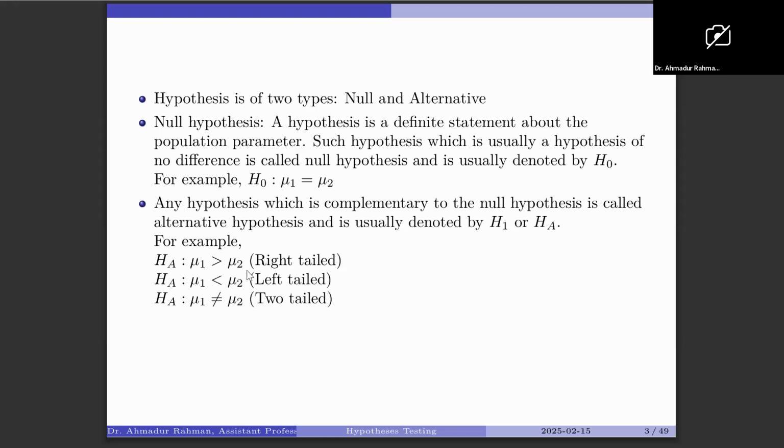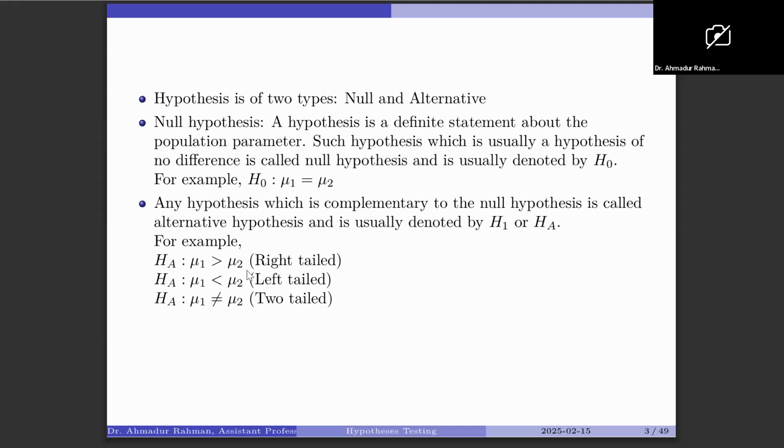Okay. Second, we make mu1 is less than mu2. This is called a left tail test. Again the same story, just make a real line, mark the point mu2 on the real line, and then we are saying mu1 is less than mu2. So we are going to the left hand side.